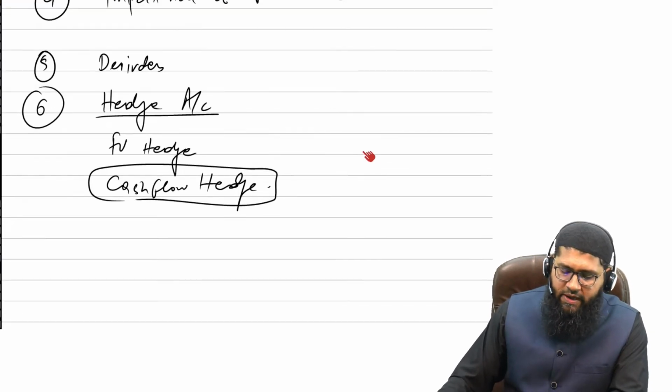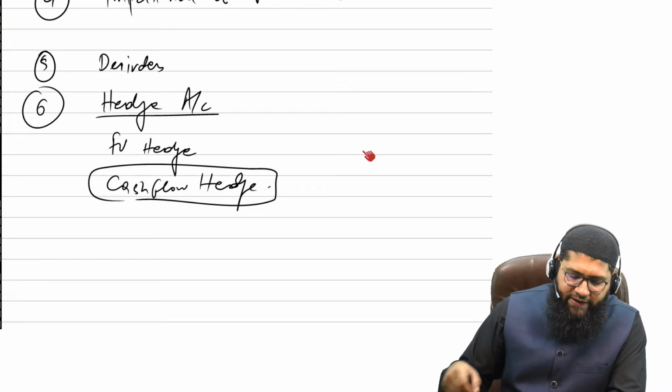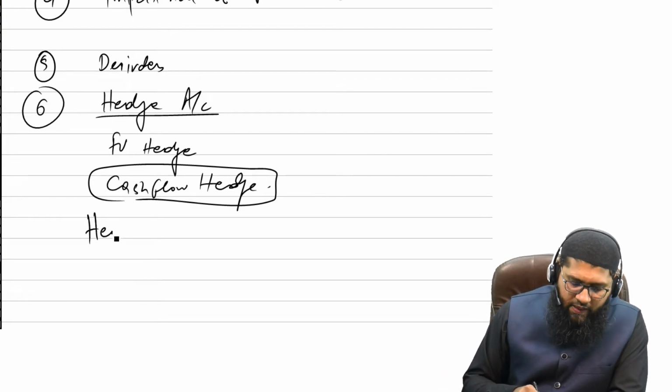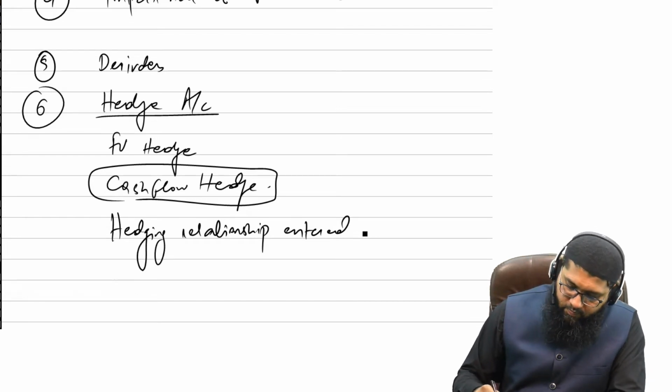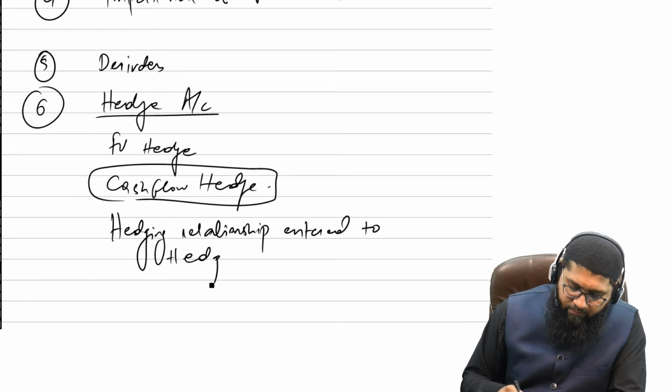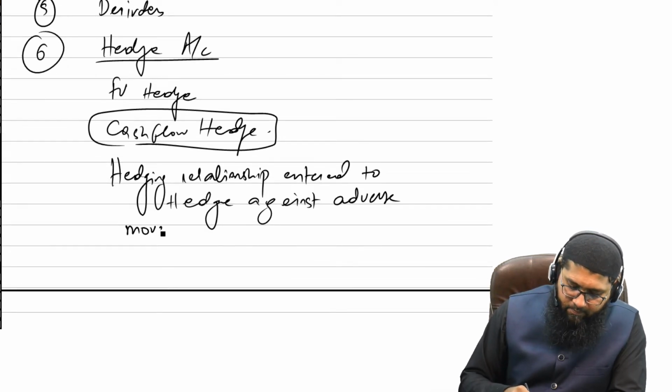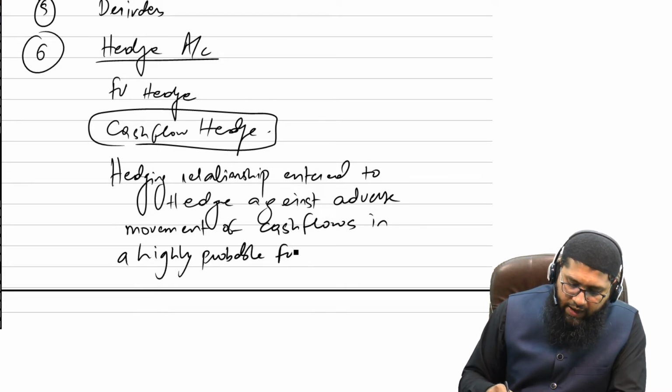Okay, now let me tell you what exactly a cash flow hedge is. A cash flow hedge is basically a hedging relationship entered into to hedge against adverse movement of cash flows in a highly probable future forecast transaction.